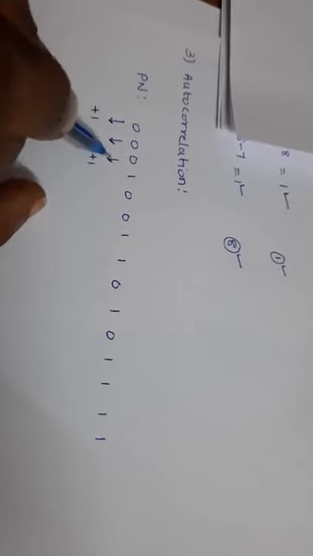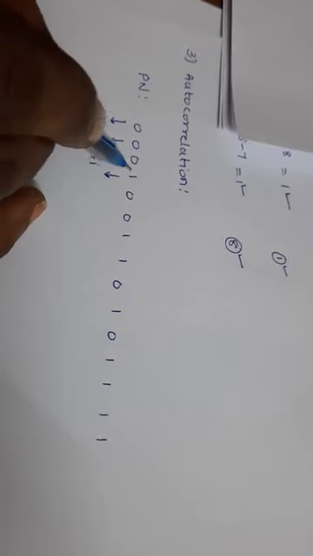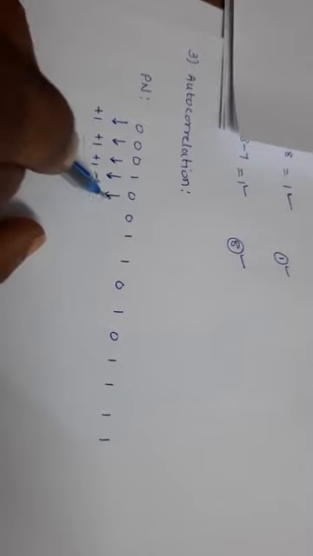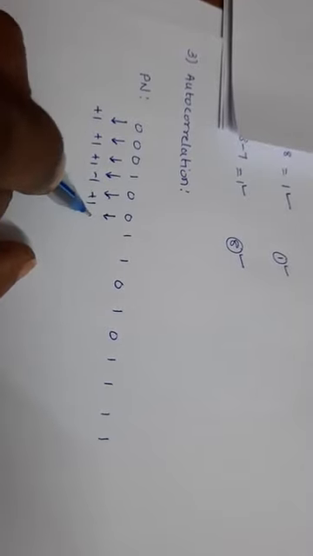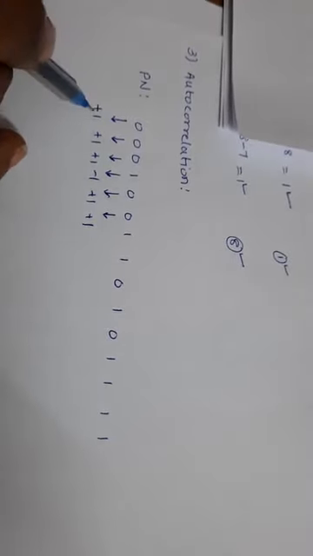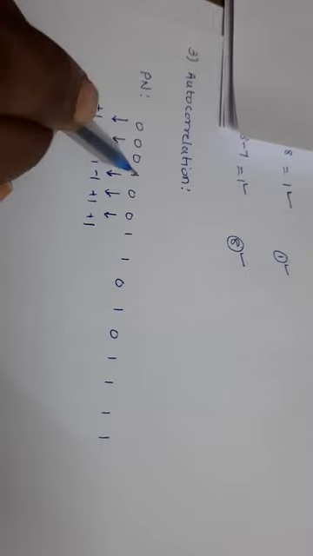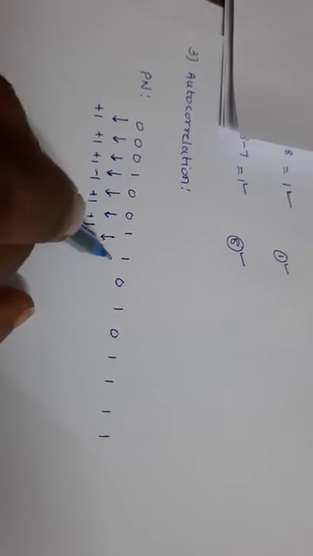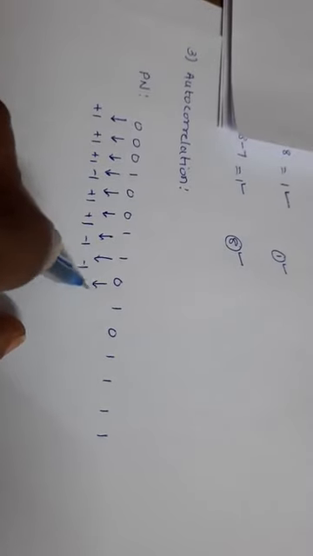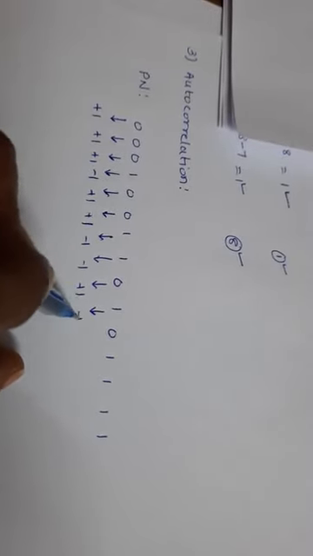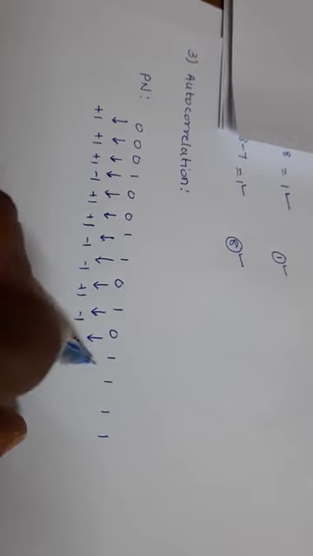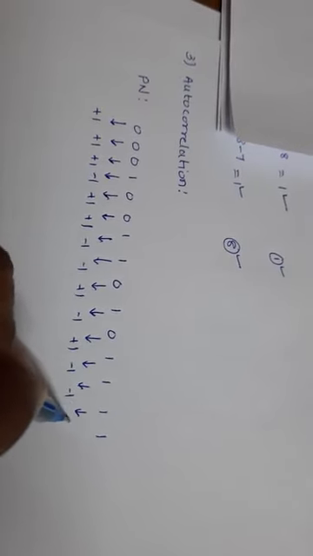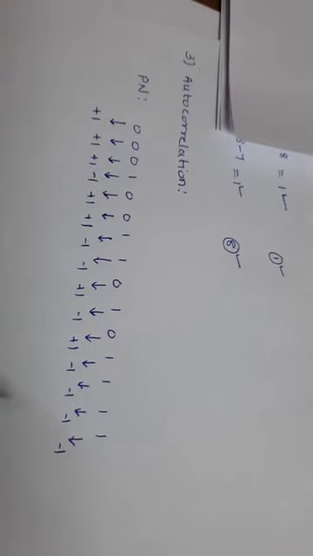Generally we take -1, but let us consider +1. So binary 1 I'm representing with -1. So the reverse I'm considering here. So binary zeros I'm representing with +1 volts, binary 1 with -1 volts. So it is +1, +1, +1, -1, +1, +1, -1, -1, +1, -1, +1, -1, -1, -1, -1.